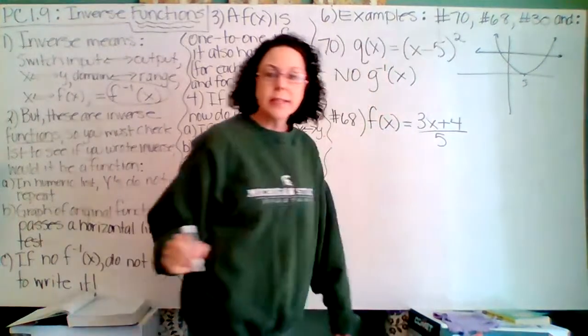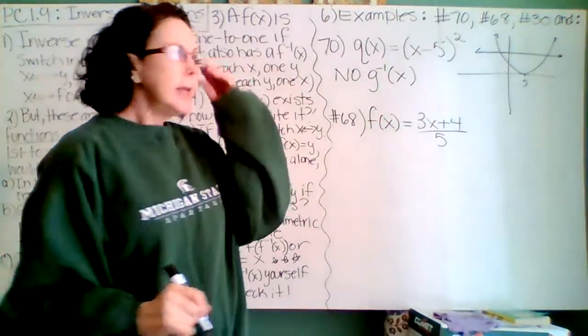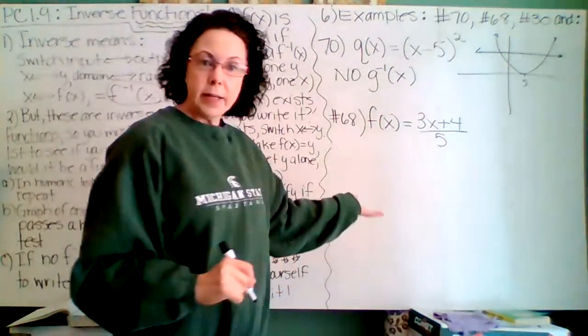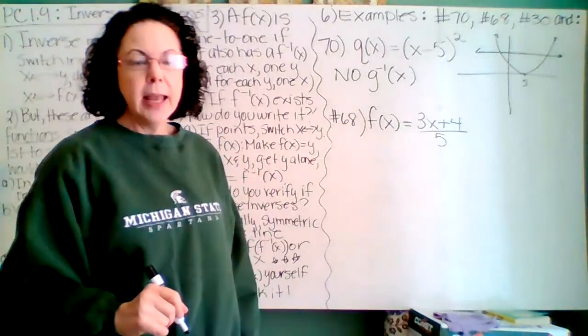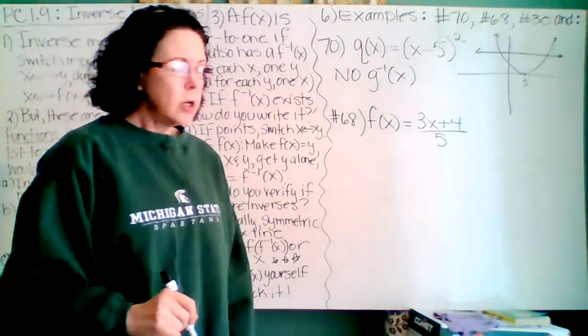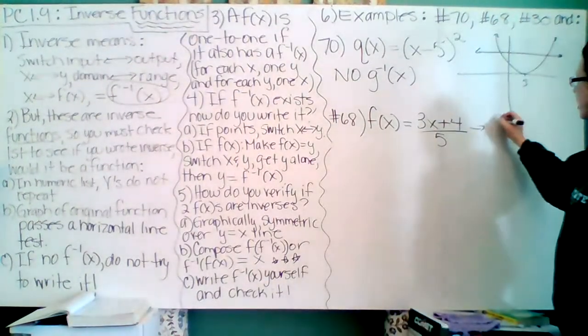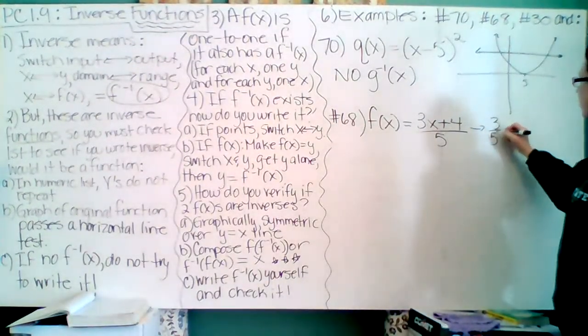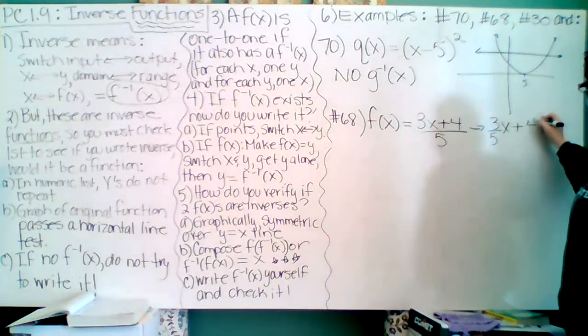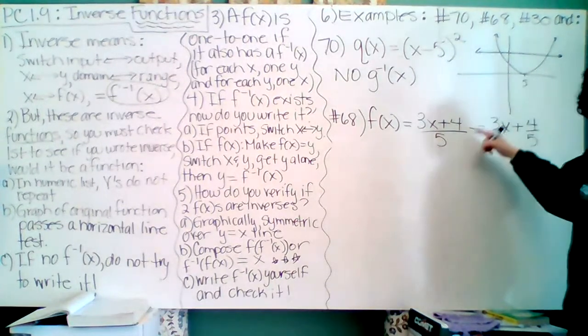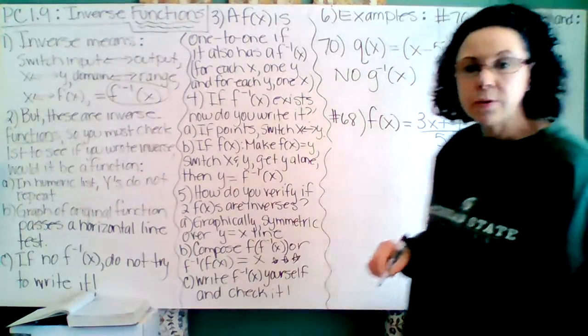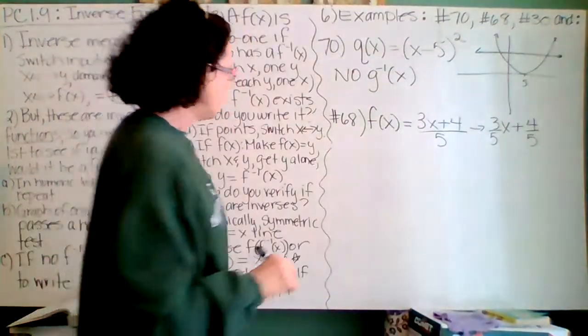Okay, so number 68 is the same question. Would there be an inverse function for this function? And if so, what is it? So just notice for this f of x that I could rewrite it as 3/5 x plus 4/5, noting that this is a line, y equals mx plus b, right?